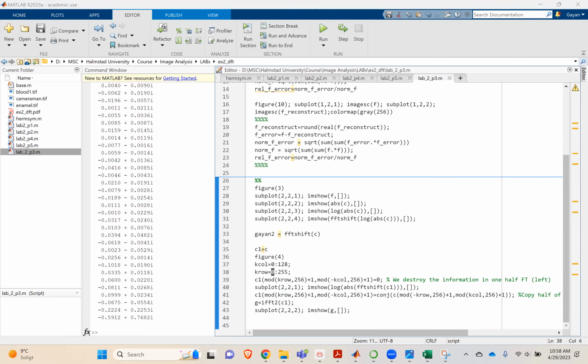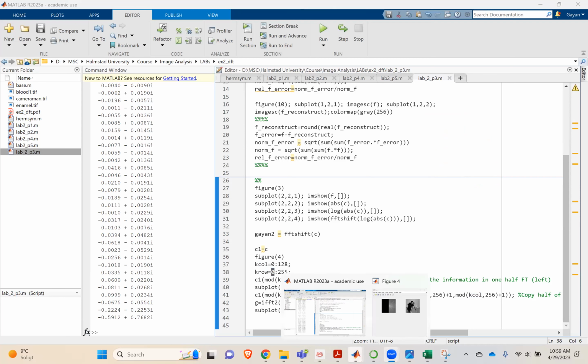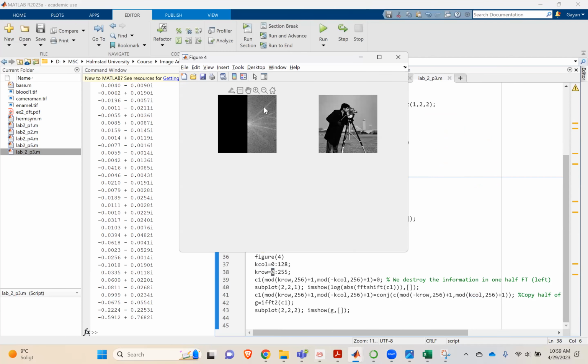If you just think about it, then you will understand. I will just show you the image. If you make a copy of the other side and make a left and right shift, that is fine, right? If you shift up and down, the column will be the same. No, the other side also we need to change. Let's see what he has done. Okay, cool. 0 to 128.